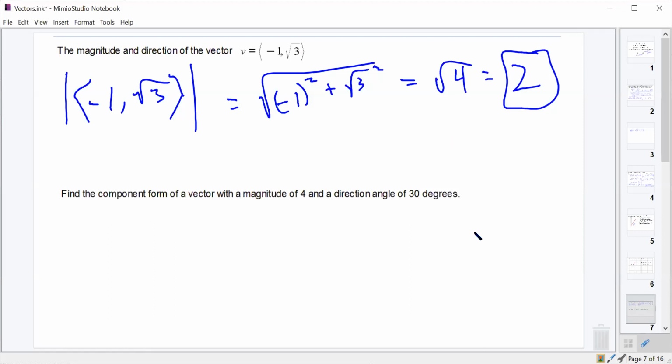If our vector has an x component of -1 and a y component of root 3, that means it's going, here's -1 and here's root 3. It's going from here to here, right? There's our vector, -1, root 3. And how are we going to figure out what that angle should be? Anybody know how to do that?